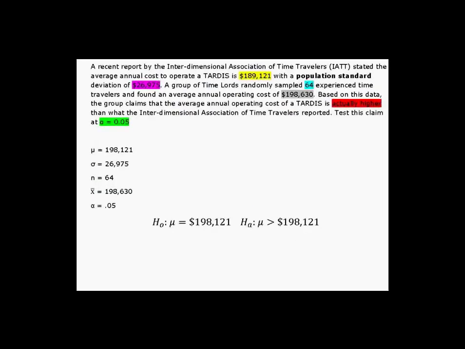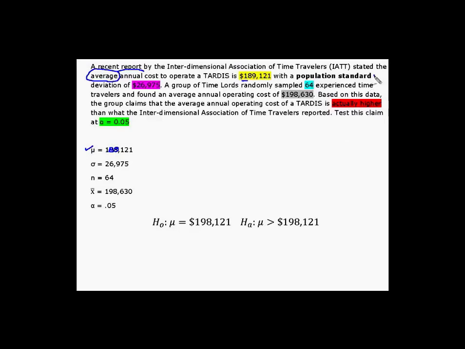So what I did was I went through so that I could identify everything I needed. So it stated that the average annual cost was $189,121, which became the mean.